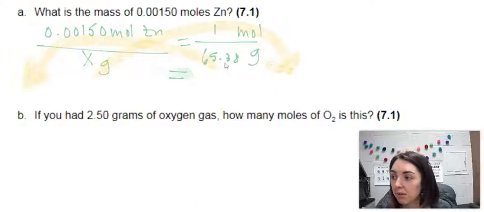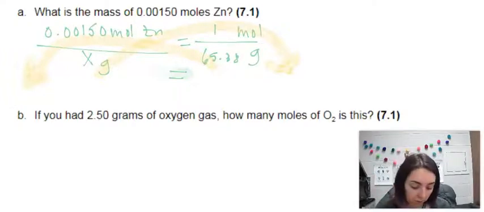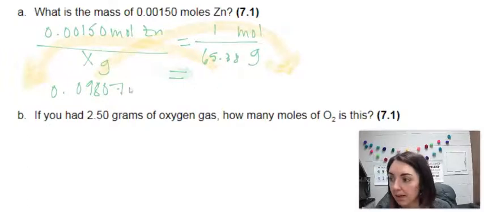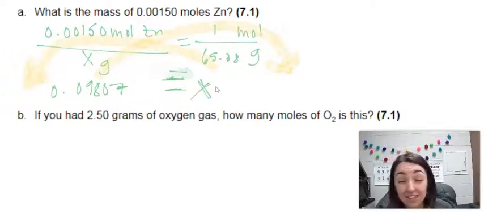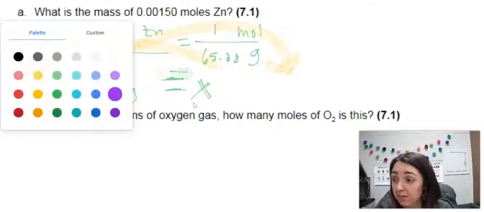So I've got bottom times top, so 65.38 times 0.00150, and that gives me 0.09807. Then I've got my equal sign here, equals X times 1, so that's just X. So that's actually some nice math there, because I end up with 0.09807 grams. And I know it's grams because that was the unit I was looking for. That's what was my X.